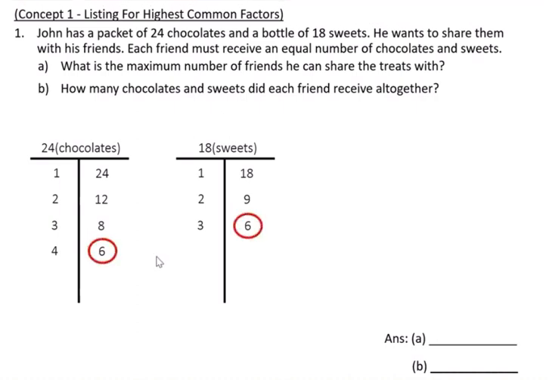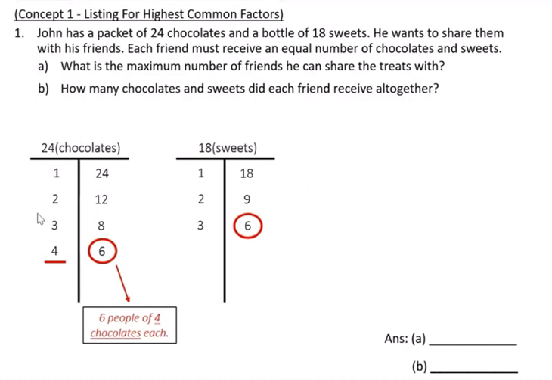And this 6 doesn't mean 6 chocolates and 6 sweets. It means that this will be 6 people. There will be 6 people with 4 chocolates each. Because if let's say there's only one person, that one person will be taking all 24 chocolates. If there are 2 people, including John, each one will only get 12, because you split the 24 between 2 people.